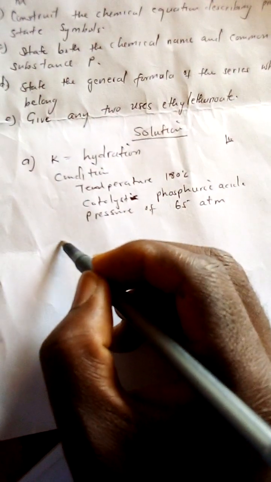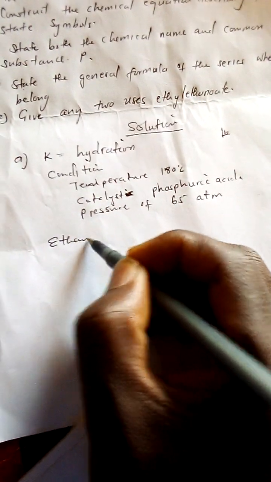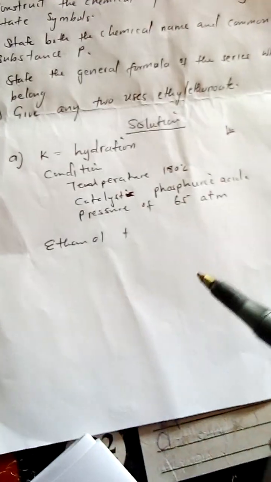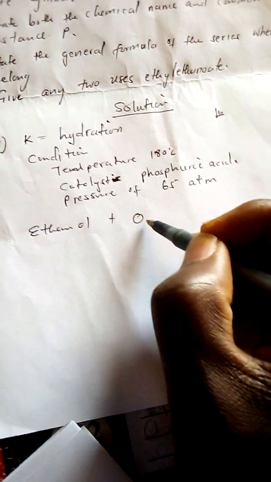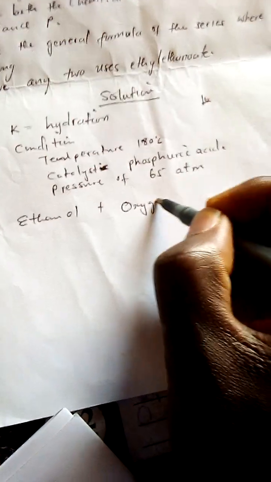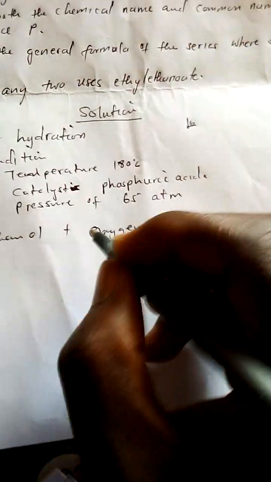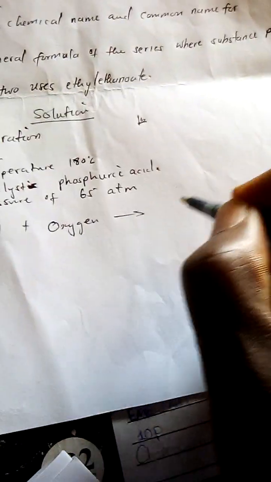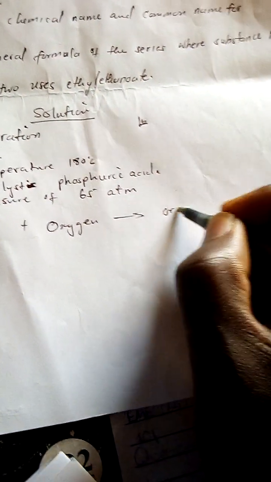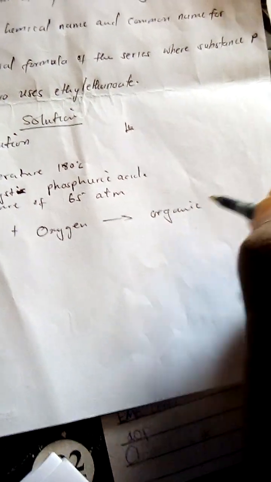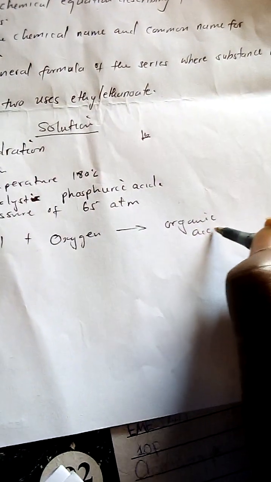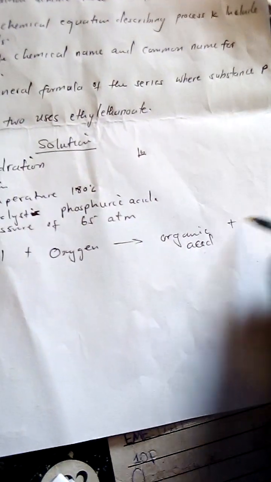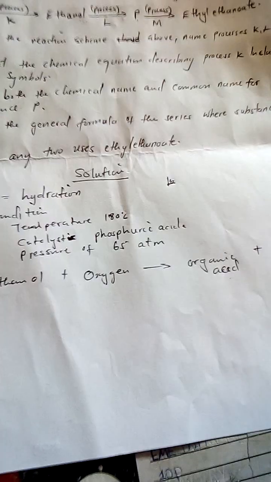So we are saying that ethanol plus oxygen, what are we going to have? We are going to have an organic acid plus H2O.